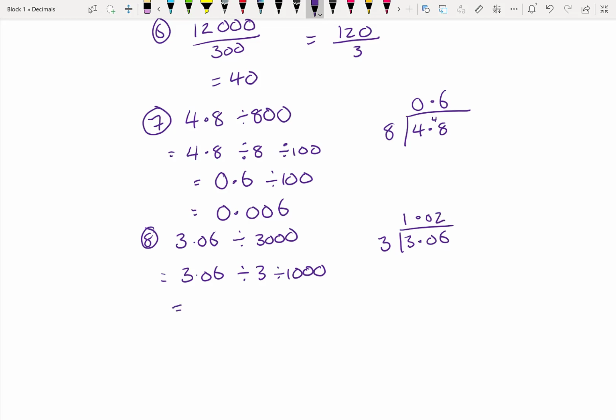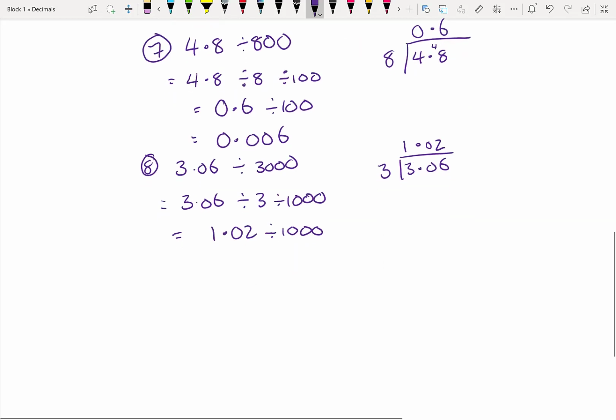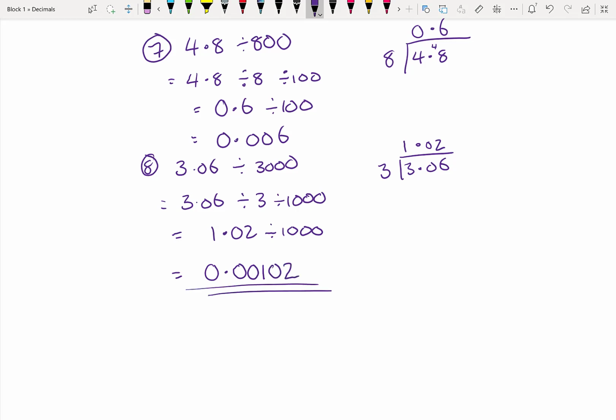And so what I've got then is 1.02 divided by 1,000. And so again, all of my digits are going to move 3 columns to the right. I've got 1 in my units column, so it goes units, tenths, hundredths, thousandths. So 0.001, and then all the digits come in the same order, 0, 2. So there is my answer.